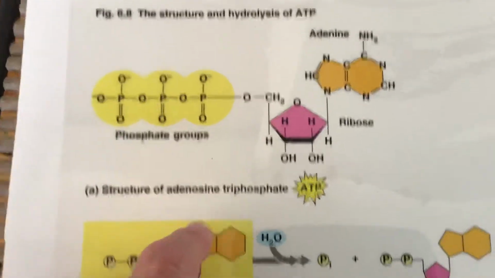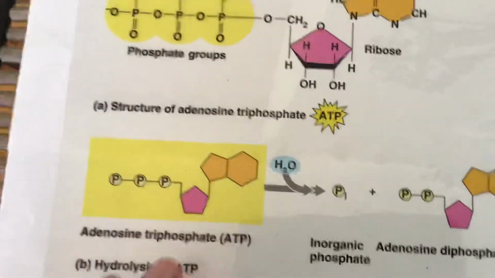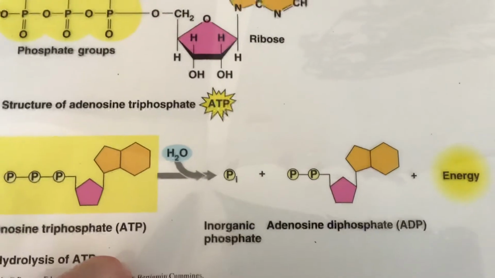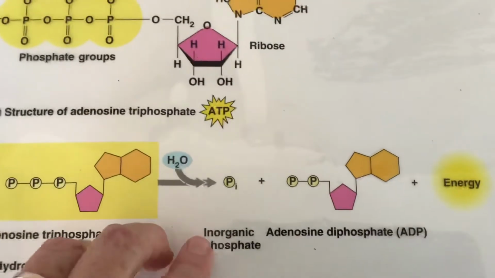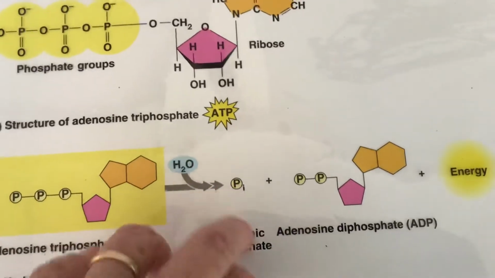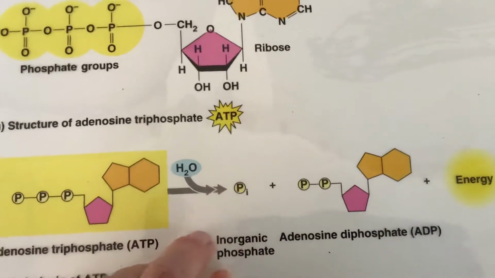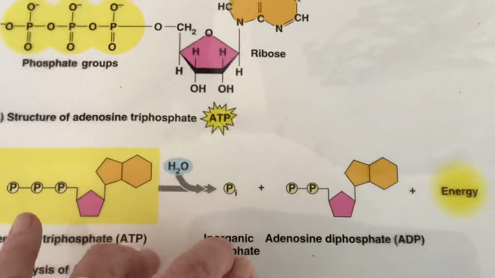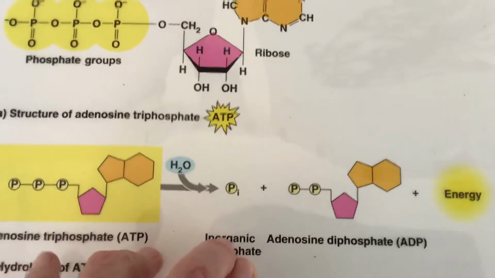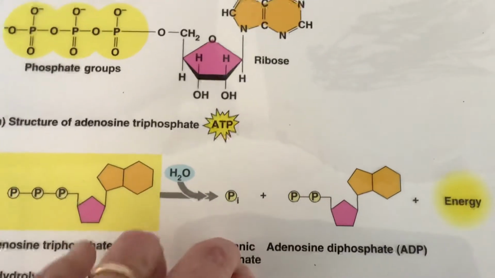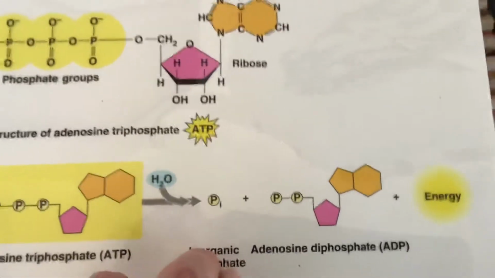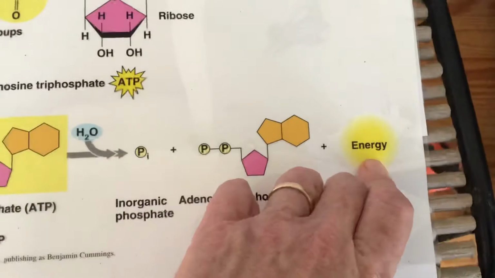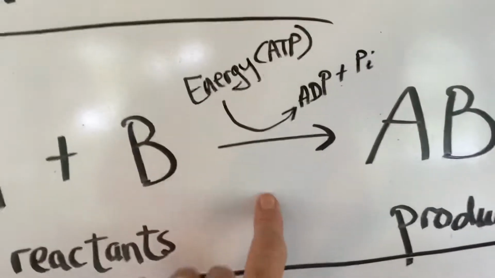Now, when it breaks that phosphate group off, then it becomes adenosine diphosphate, or ADP, and the phosphate group then is going to be free floating, and it's what they call an inorganic phosphate because it's no longer attached to an organic molecule, so it's called PI. And this is going to then provide energy, that energy then would be going directly into this system.